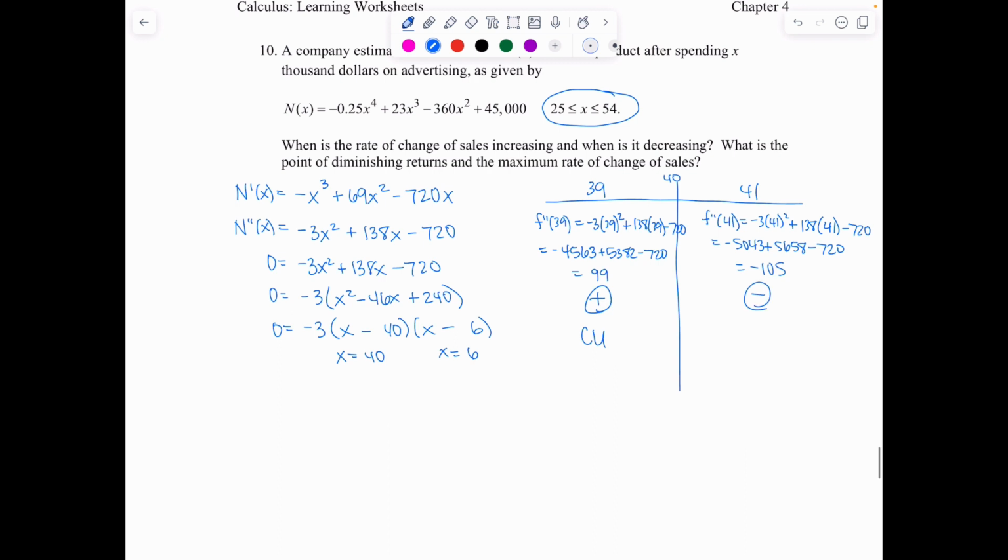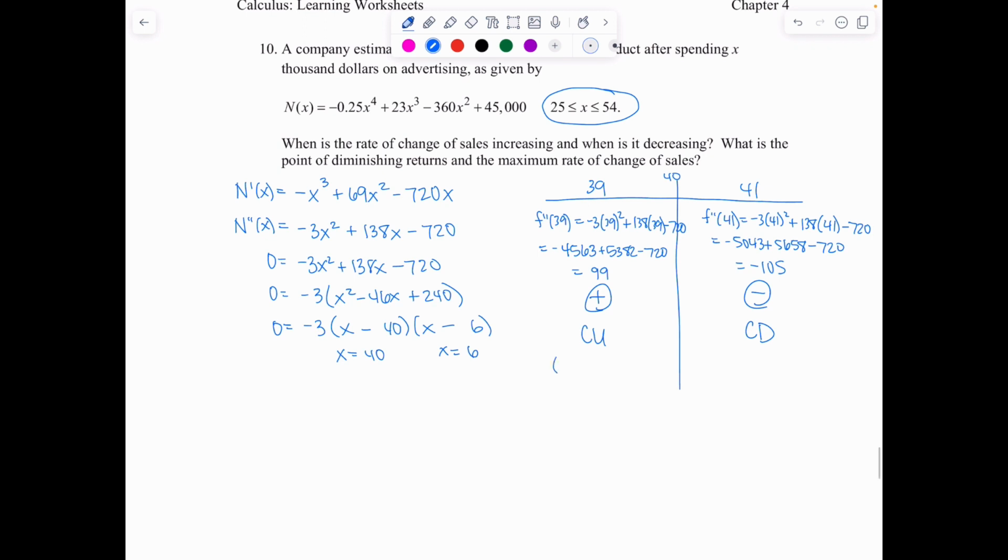So negative, concave down. Okay, so the concave up at 39 is telling us that it is on the interval from 25 up to that 40. Sales are increasing over our interval, right? It's concave up.